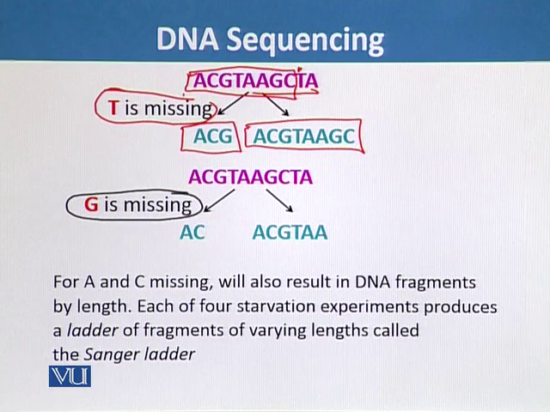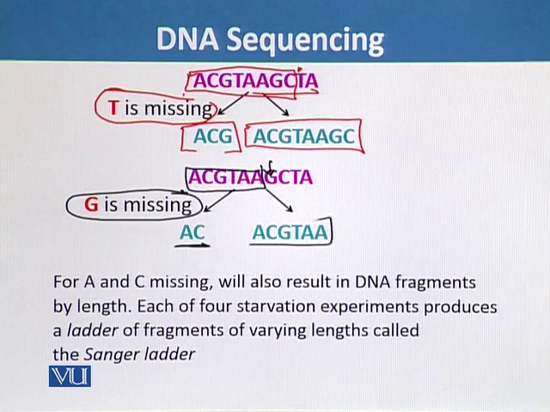If guanine is missing, then whenever there is a guanine in the fragment, the process will be terminated before the guanine, and we obtain two fragments. One is AC, and the second possibility is that it is terminated at the next guanine, and we will obtain ACGTAA.